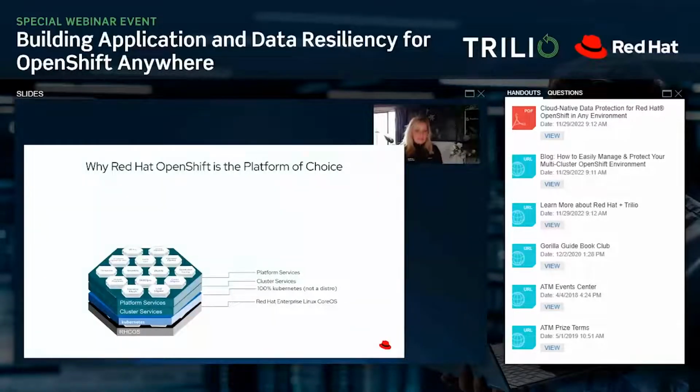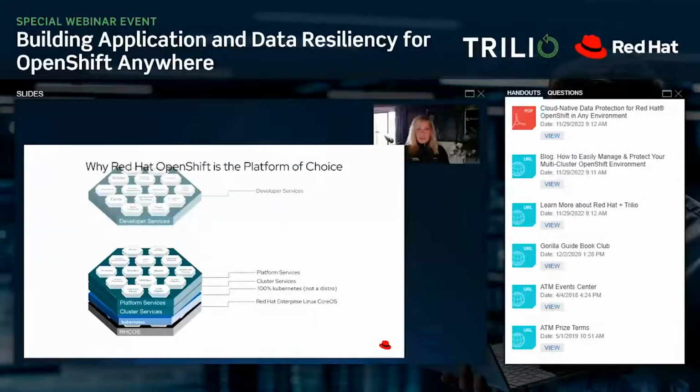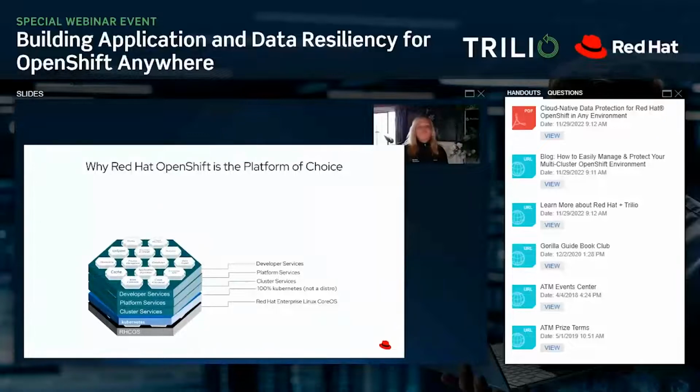We have platform services that include things like templates and cost management. This is a big thing, where you can actually meet cost control across clouds. It provides everything to manage the platform across all environments.